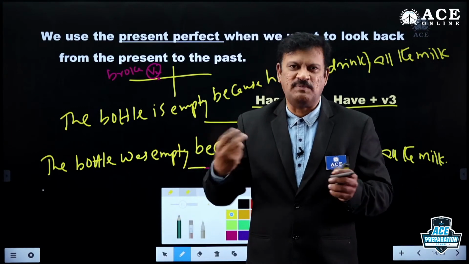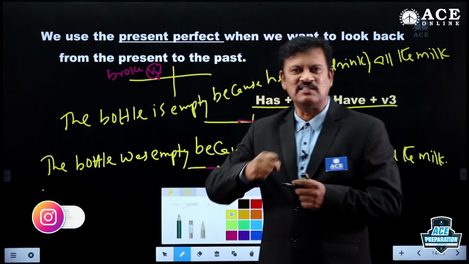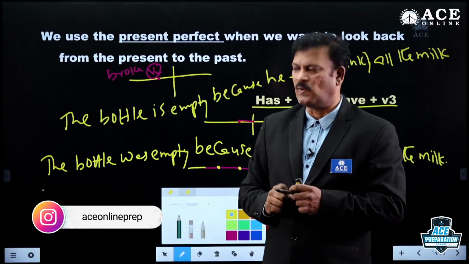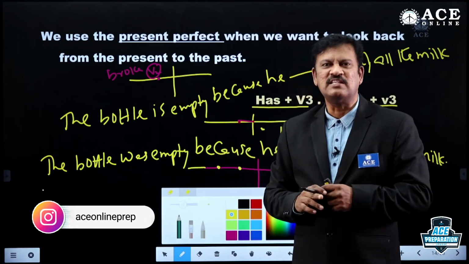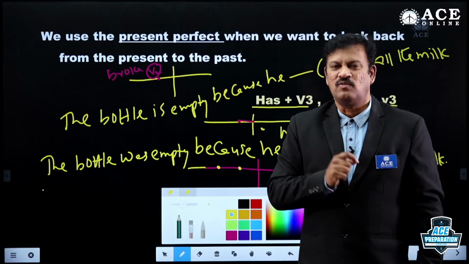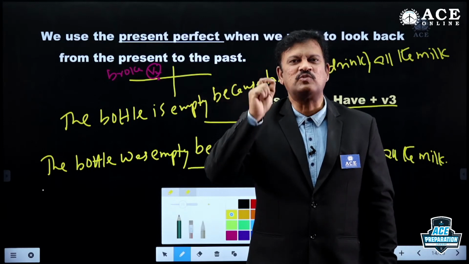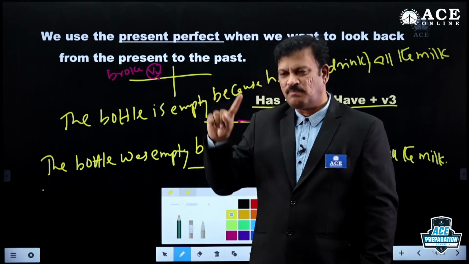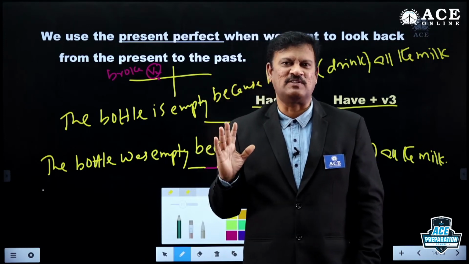I don't know. Maybe now that is okay. Now he is normal. I don't know. Still he is carrying that sling, I don't know. But when I say he has broken his hand, that effect is still here. So, past action without result, V2 form. Past action with the present result, has plus V3, have plus V3.